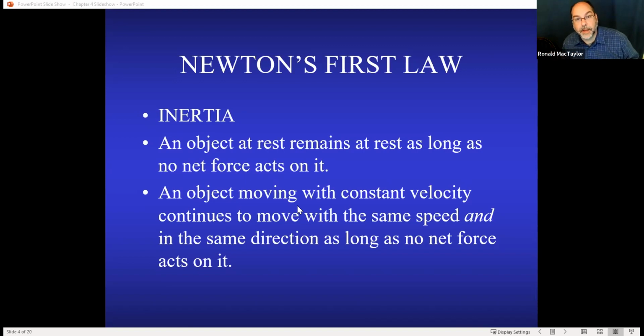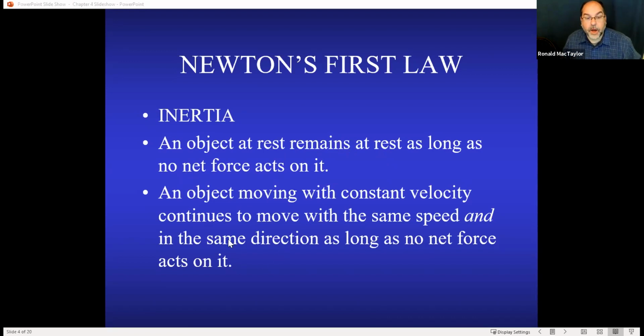Otherwise, I would be falling down. And so there are multiple forces acting on me right now. If those forces cancel each other out, then I am an object at rest, remaining at rest, because there's not a net force acting on me right now.